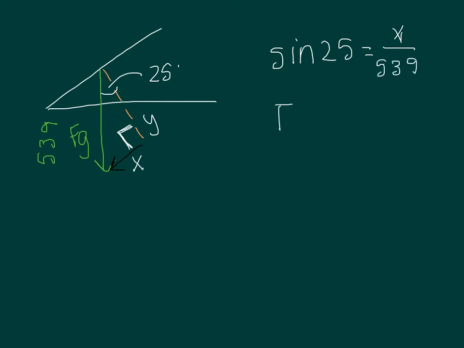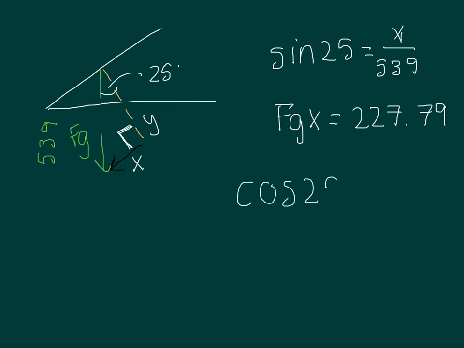This is going to give you the force of gravity in the x direction, which is going to equal 227.79. Then we're going to use cosine to find it in the y direction, which is going to give you the y component of the force of gravity, which is 488.5.